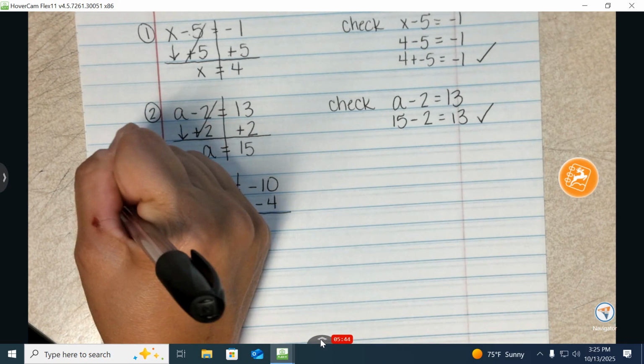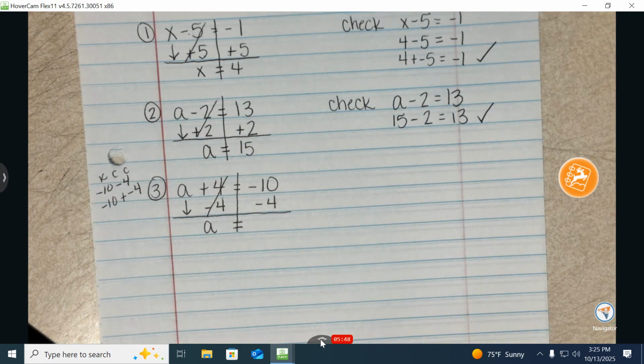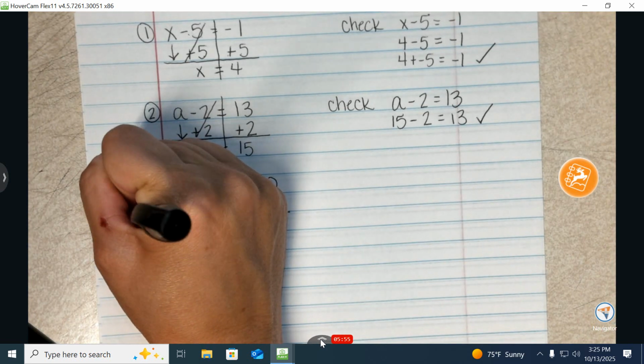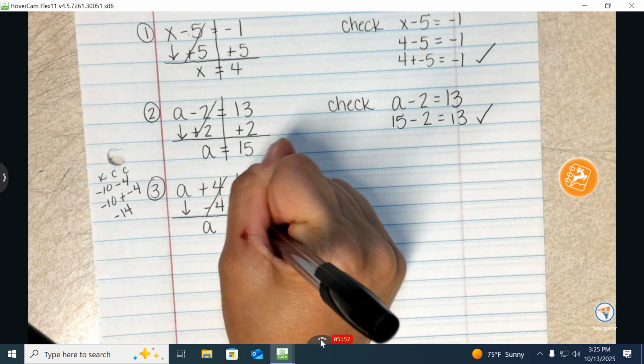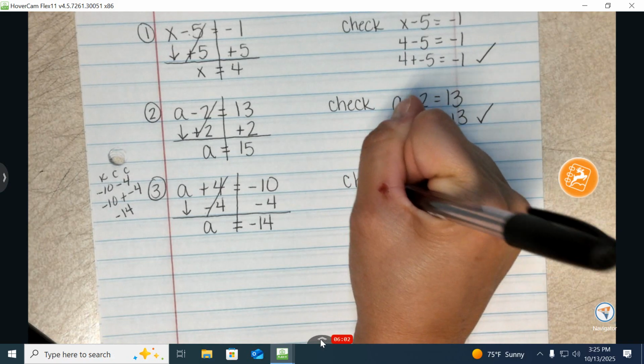So it's negative 10 plus negative 4. They have the same sign, so you add and keep that sign. So negative 10 plus negative 4 is 14, and keep the sign. So it's negative 14. We're going to check it.